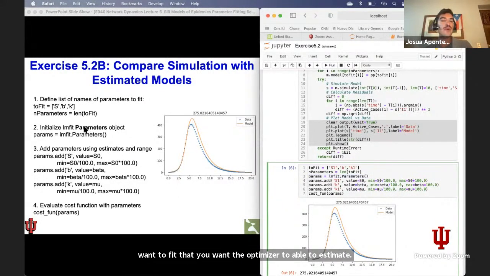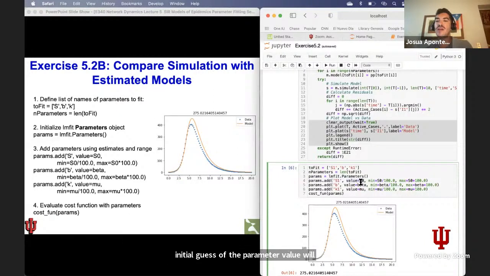And so once we created this parameter object, we can add to it every parameter that we want to estimate. In this case, we want to estimate the parameter S1 and see that we have to give an initial guess of the parameter value.